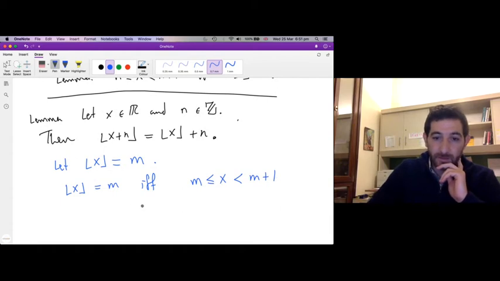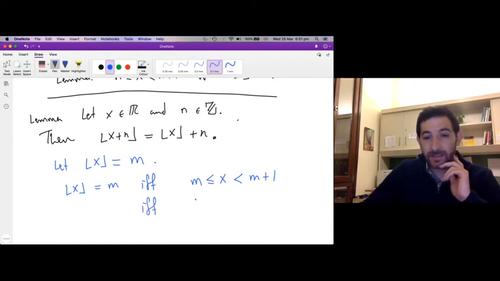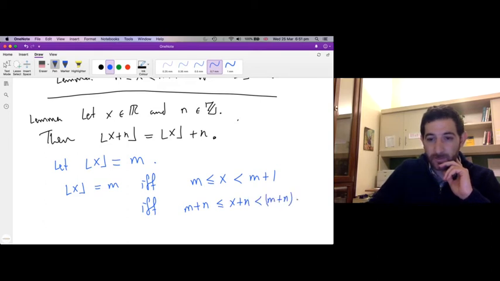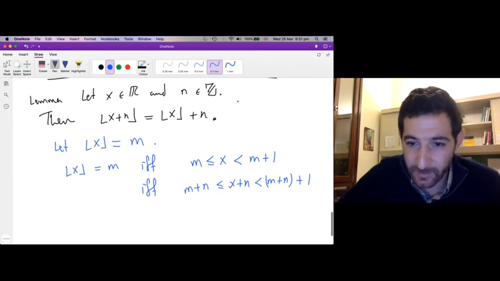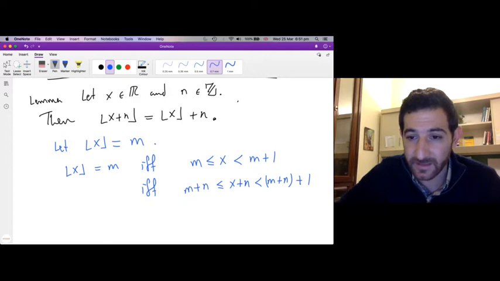But now we add n to all sides, so if and only if m plus n is less than or equal to x plus n, strictly less than m plus n plus 1. Look, what does this say? This says that x plus n is sandwiched between the integer m plus n and its successor.